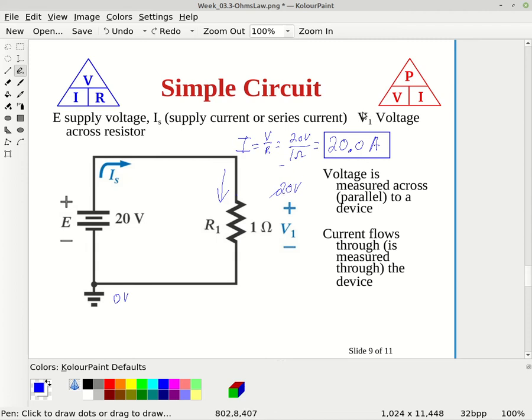V1 is the voltage across resistor R1. So if you see here, this is resistor R1, and this is the voltage drop across resistor R1. A lot of times I might put I1 because I1 indicates that's the current through resistor R1. Right, so this is just some common notation that we use.